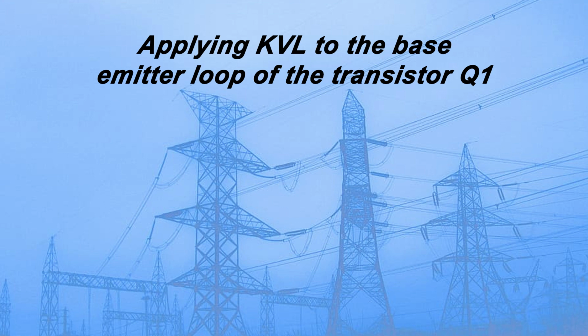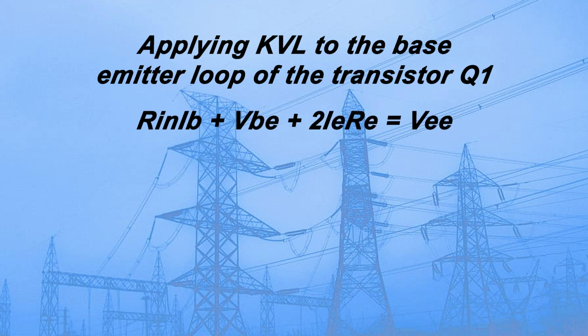Applying KVL to the base-emitter loop of transistor Q1: R input times base current plus V base-emitter voltage plus emitter current times emitter resistance is equal to the applied emitter voltage.